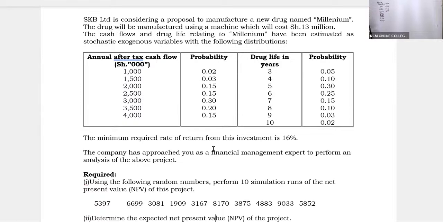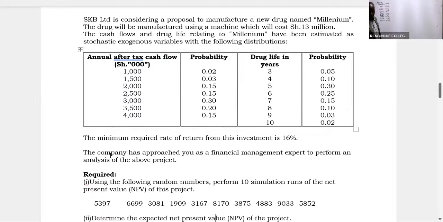Then after that we have 0.30, then we have 0.20, 0.15, like that. So we have our probabilities. You see, I've got two sets of probabilities there: I have annual cash flows and I have drug life.